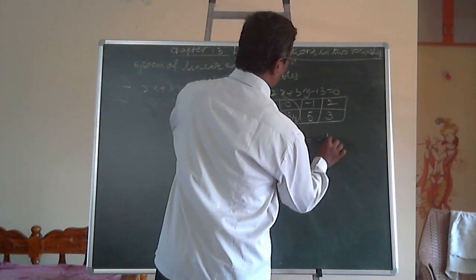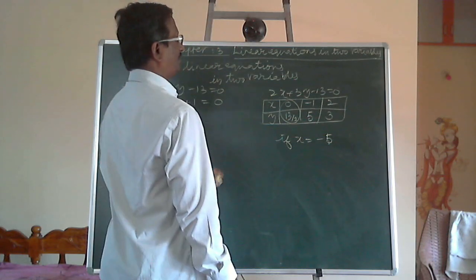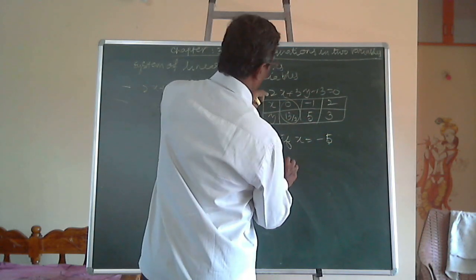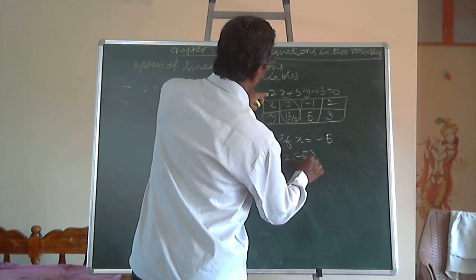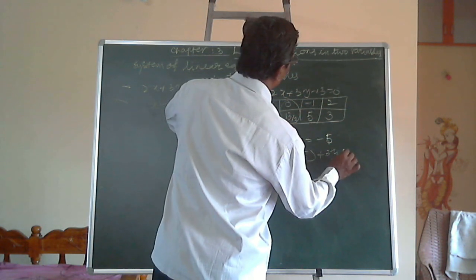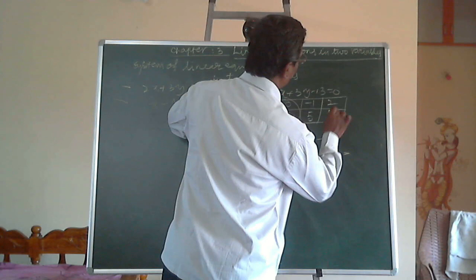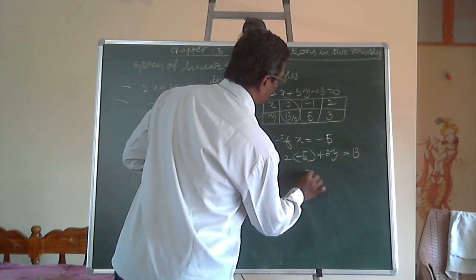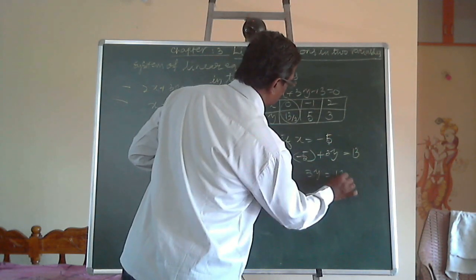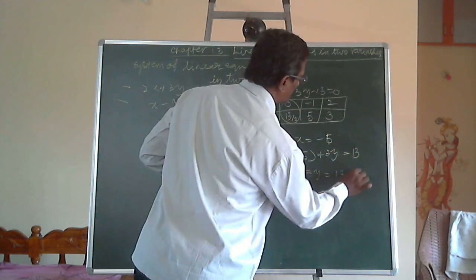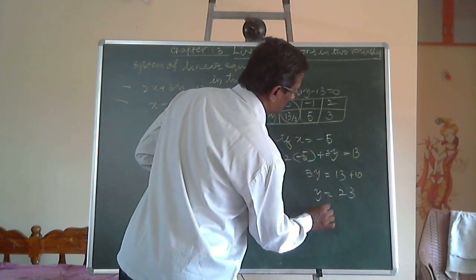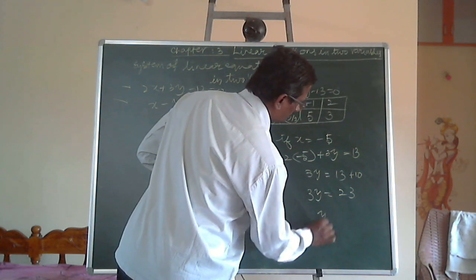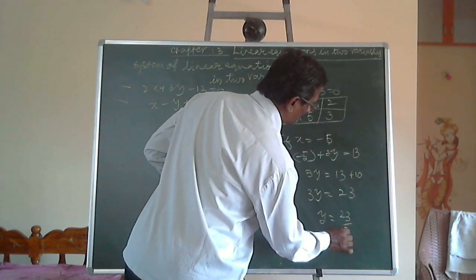Yes, x is equal to minus 5. Yes, there is a chance for x is equal to minus 5. 2 into minus 5 plus 3y is equal to 13, the minus 13 goes and becomes a plus 13. 3y is equal to 13 minus 10, it goes and becomes a plus 10. This is 23. y is equal to 23 upon 3.